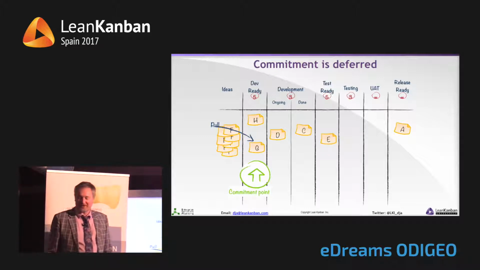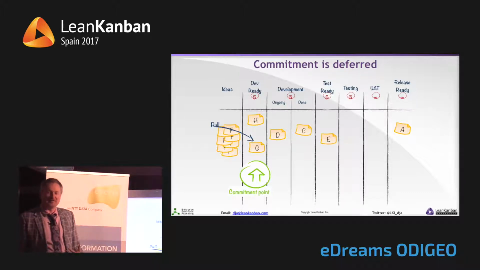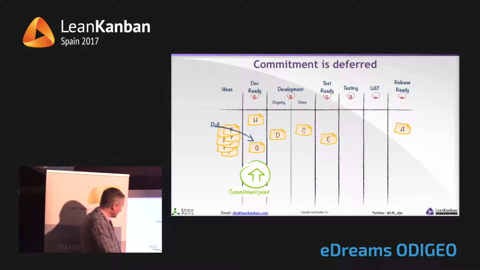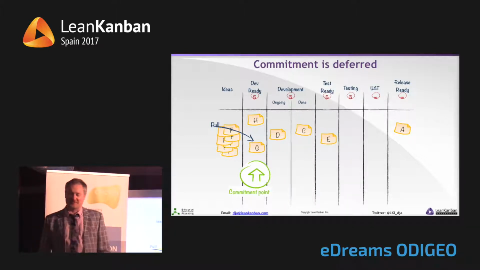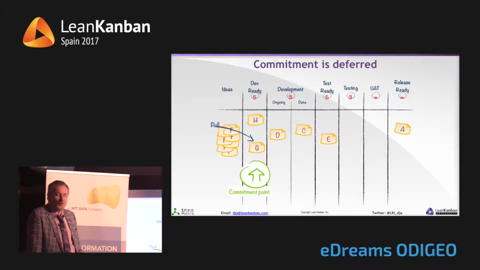So usually the commitment point is the engagement, because this is the point where you're both agreeing to actually make it happen. This is the point where the customer's saying, will you marry me? And the delivery organization says, oh yes, please. And now we're going to plan the wedding.